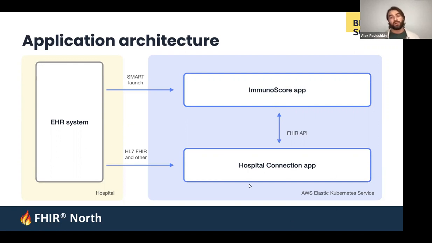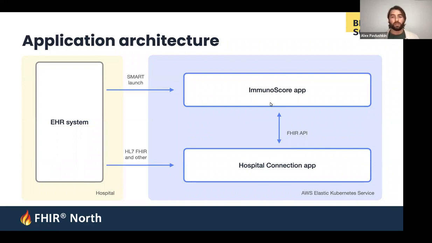The hospital connection application implements custom logic to fetch resources from a specific system, and it works using the FHIR API with the core application, populating all the necessary data.